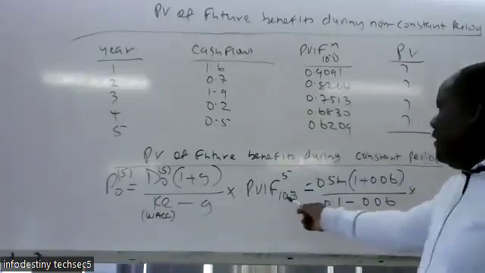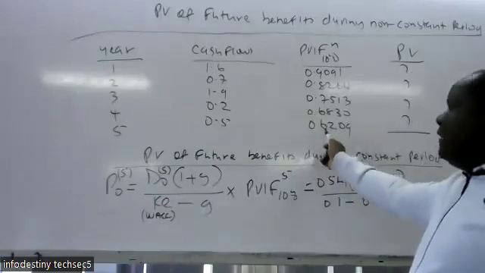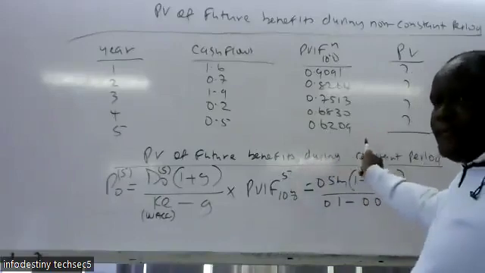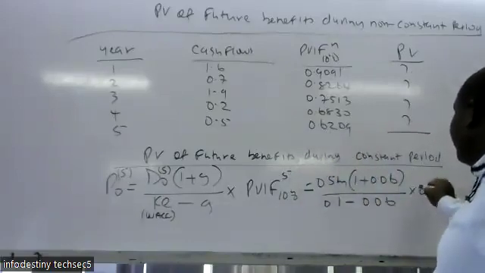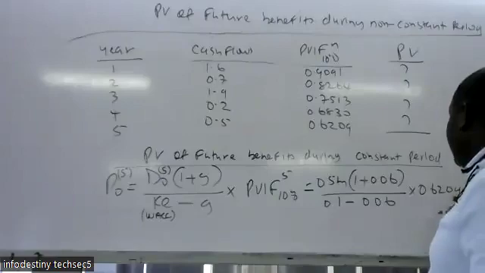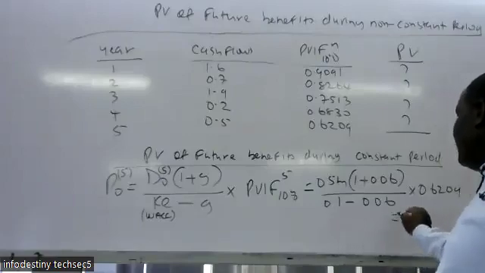Then 10% in year 5 is this figure there, the 0.6209. So get that value.